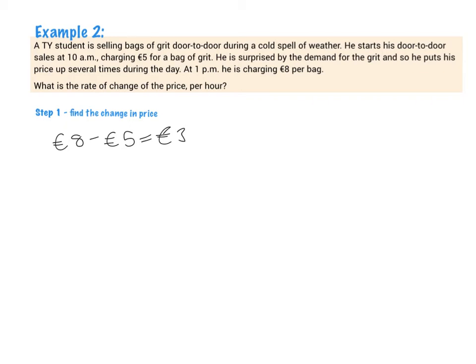Now we need to calculate the change in relation to time. So what time did he start at versus what time did he finish? So step 2, we're looking at what is the change of time?